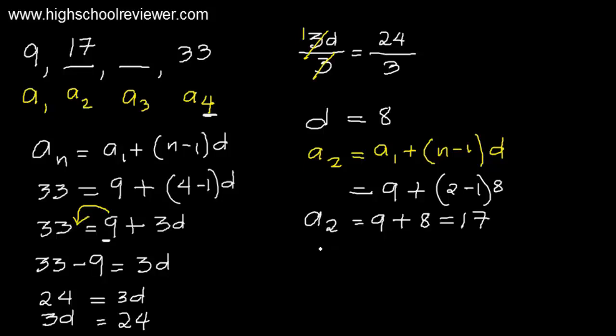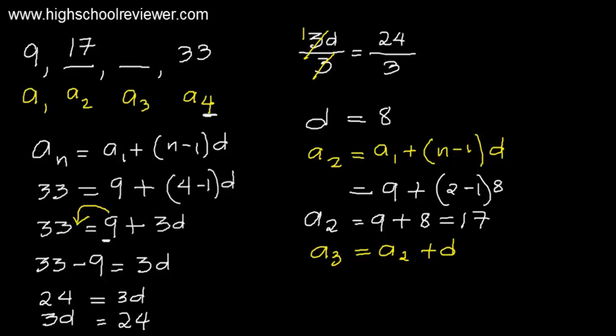Now, let us find for a sub 3. A sub 3 will be just the sum of a sub 2 and d. So this will be a sub 3. This is just the sum of a sub 2 plus d. Okay.